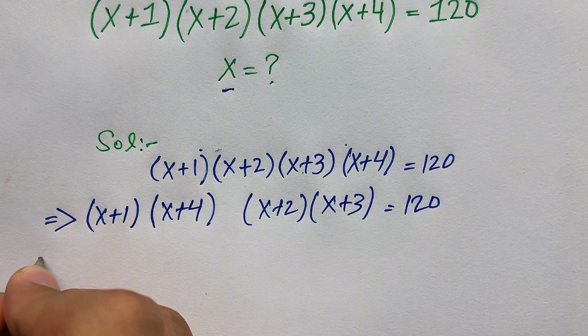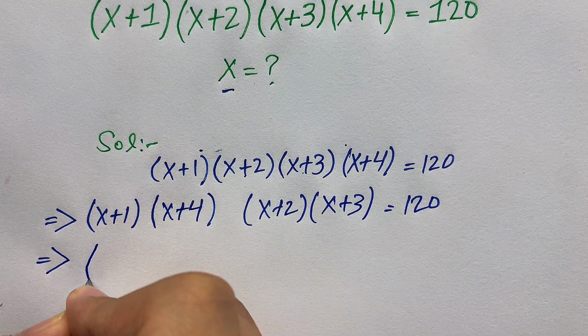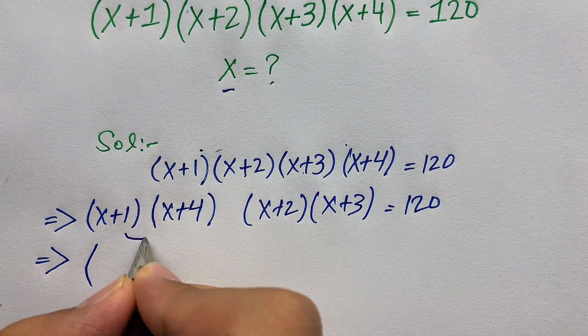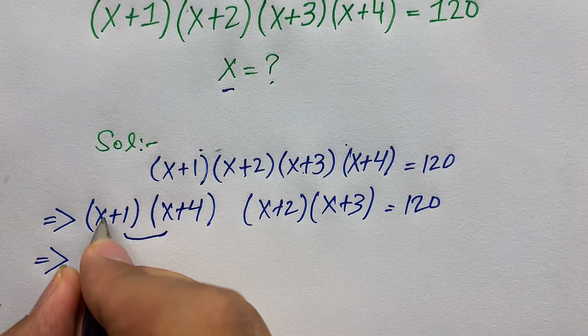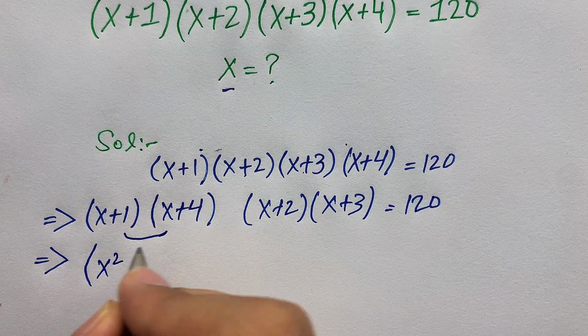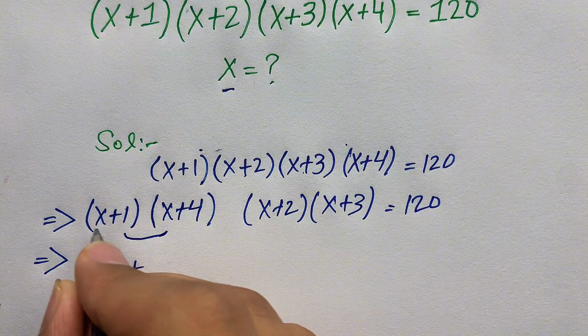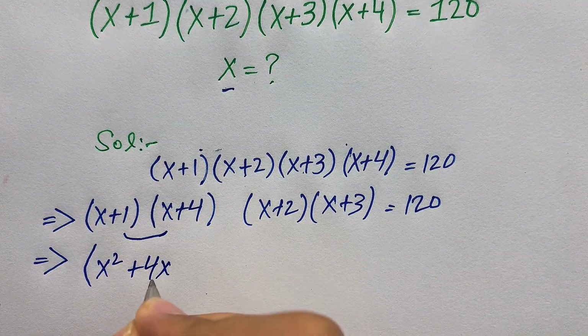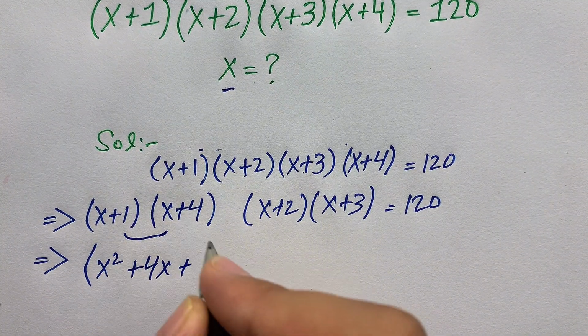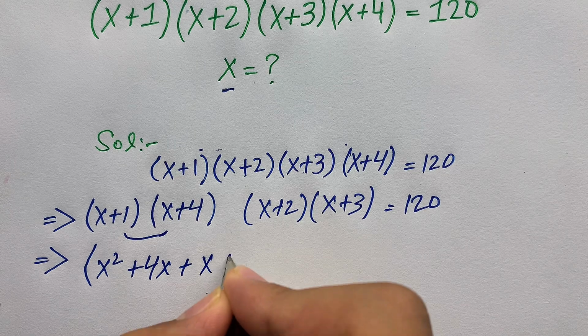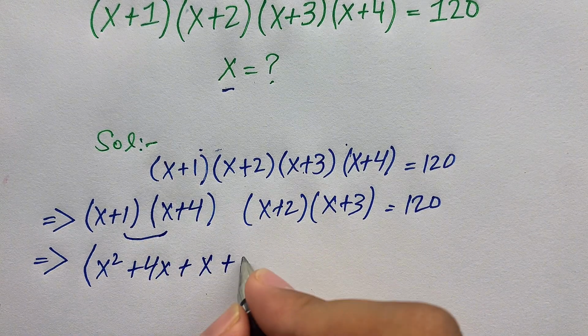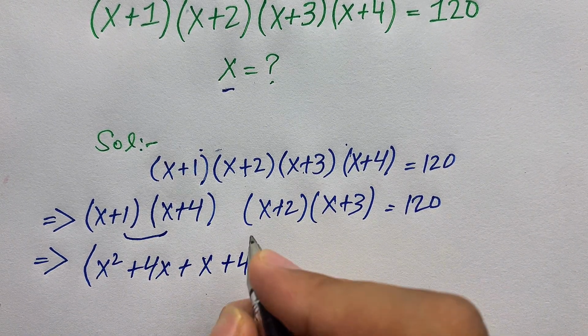So in next, this and this, and this will be x into x square plus 1 for 4, x into 4 is 4x plus x into x is x plus 1 multiplied by 4 is 4.